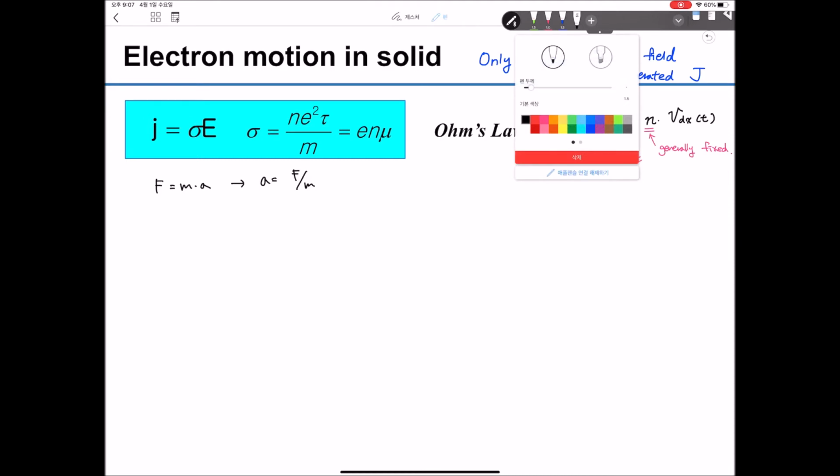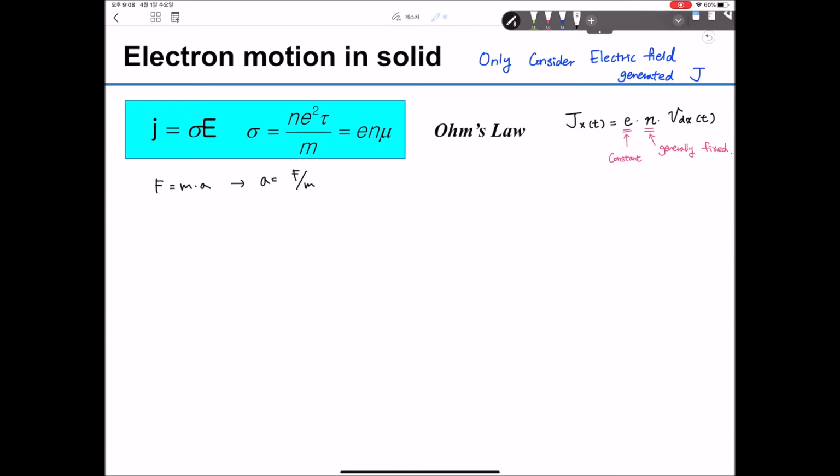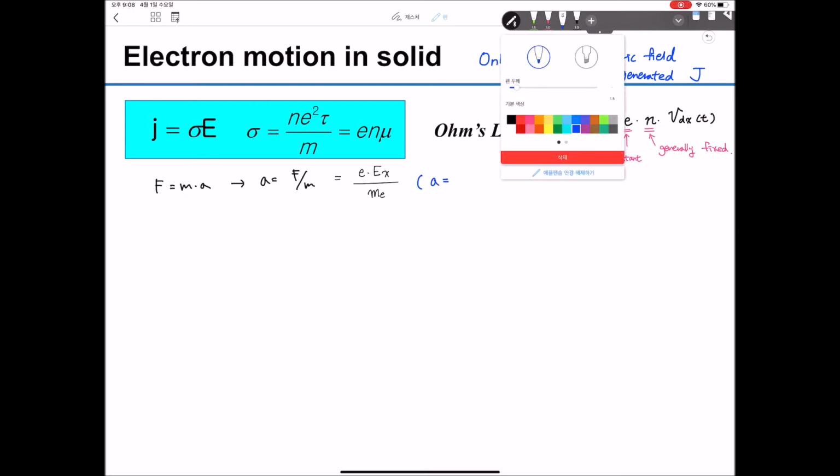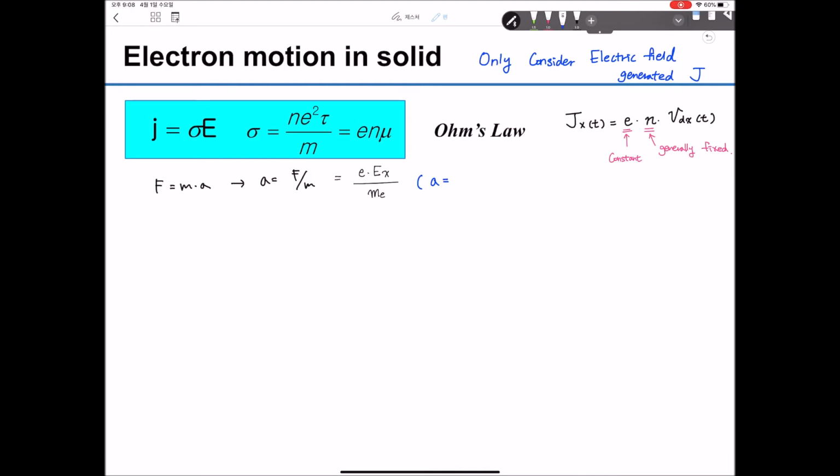Here, the force acting on an electron is the Coulombic force, over the mass of the electron. And we know that acceleration equals dv over dt, so from this we get dv equals acceleration times dt.